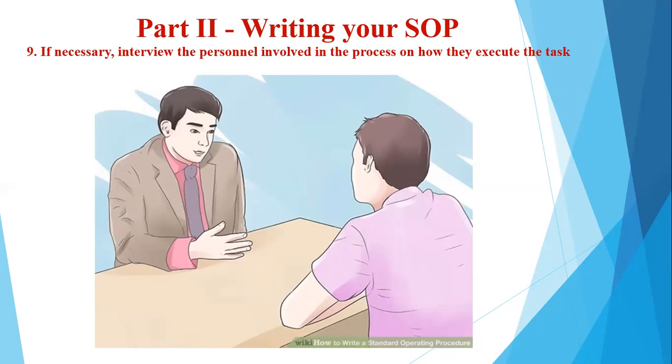Sit with the personnel and list down the points that actually take place in the process. Even a supervisor who takes care of the entire team would not be the right person; it is the person who is actually working on it. You should involve the person, because he is the one who knows the tricks of the entire game.